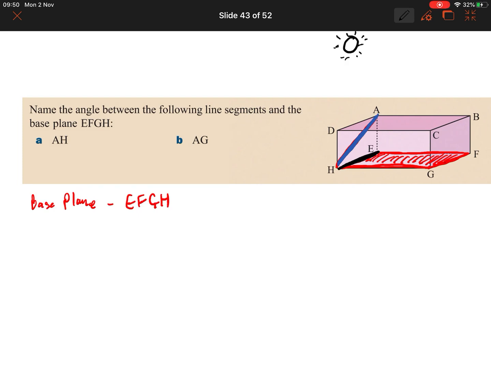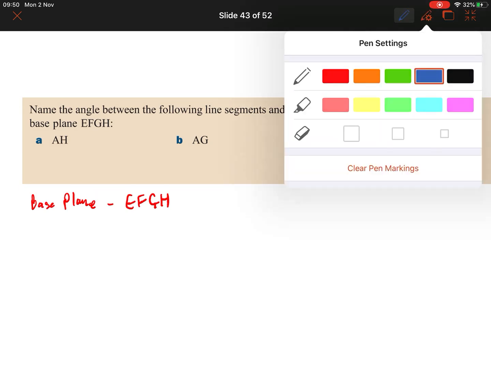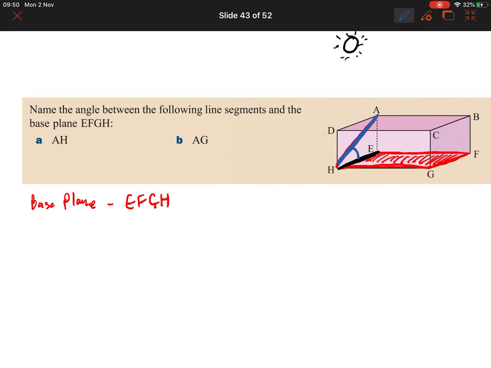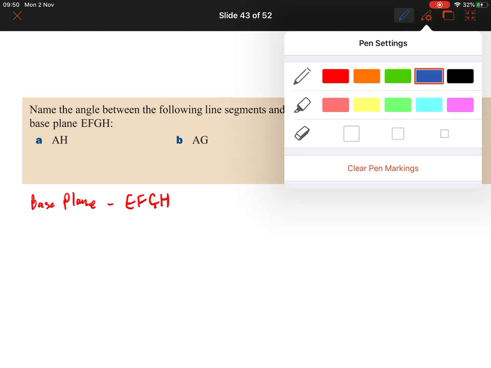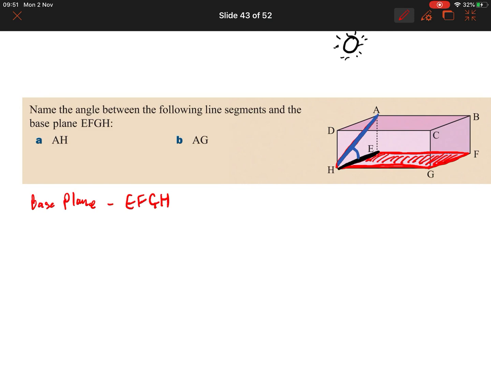So imagine the sun is up here shining away. Okay, and it casts a shadow from the line segment that you want onto the plane that you're interested in. And that is the angle that you're actually being asked to calculate, this angle here. So the angle you actually want to know is angle AHE.